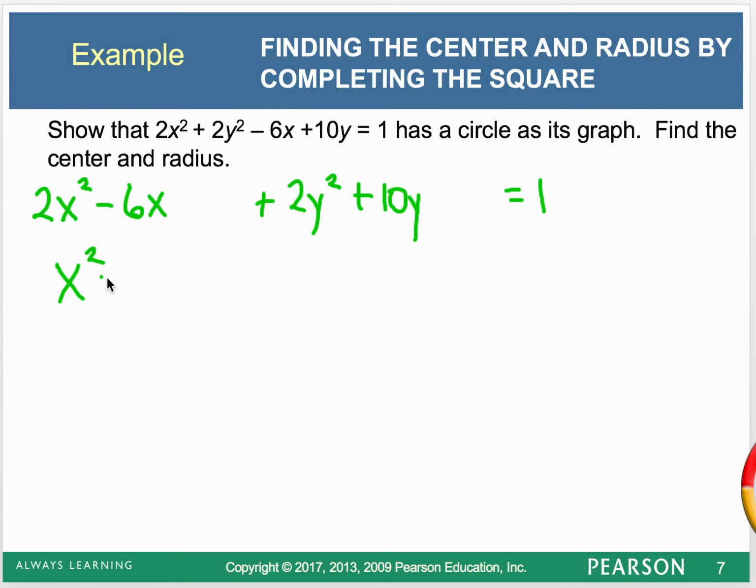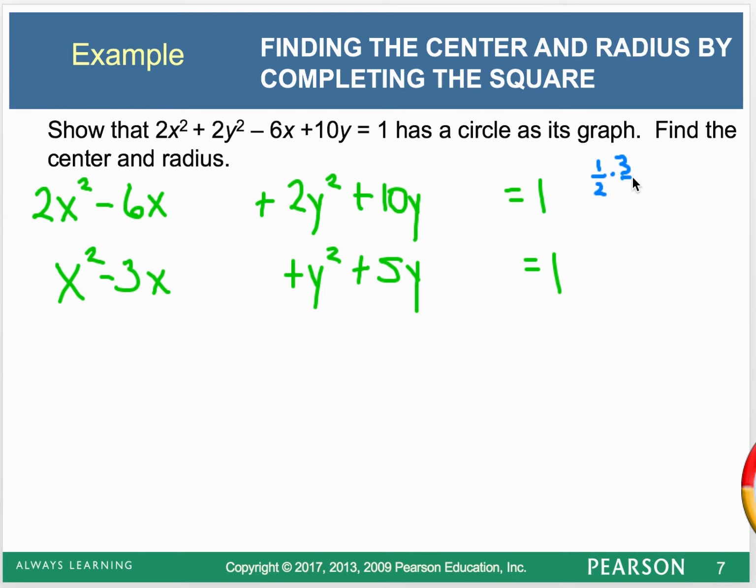So I'd have x squared minus 3x plus y squared plus 5y equals 1. Now I'm going to complete the square on each one of these. So I need to take half of 3, which is 3 halves, right?